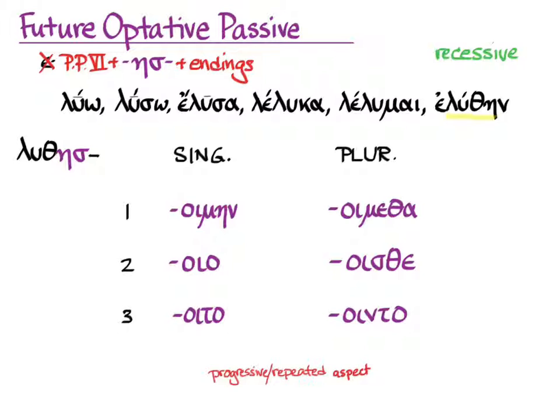Again, this is progressive, repeated aspect, and there's no default translation because we don't know how to translate an optative until we see it in its own clause.